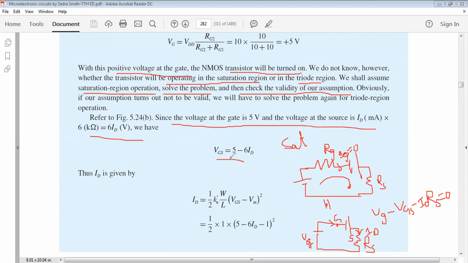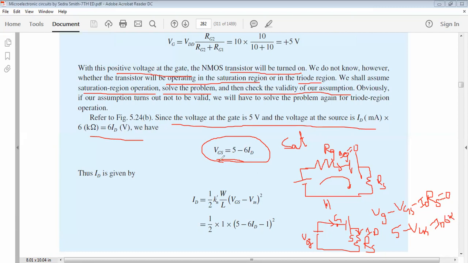From that, VGS is equal to 5 minus 6 ID. We substitute the value VG is 5. We don't know the VGS value, and we don't know ID either, but we know the given RS is equal to 6 kilo ohms.